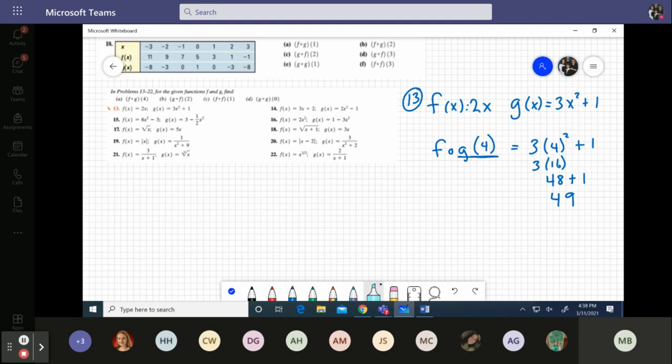So g of 4 is 49. So if I need f of g of 4 now, that means that I need f of 49. So 2 times 49 gives me 98. So f of g of 4 is going to give me 98.